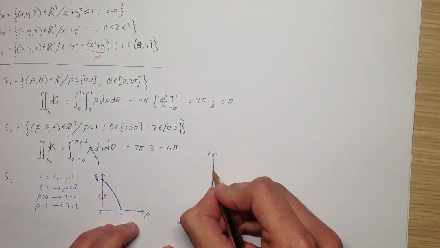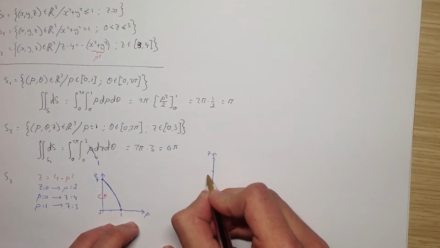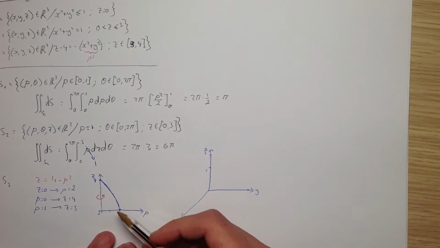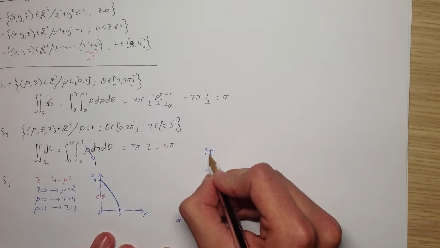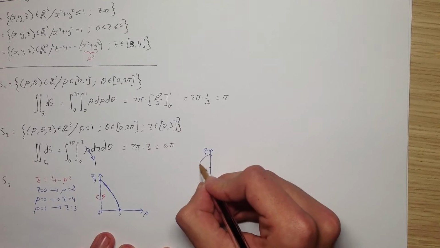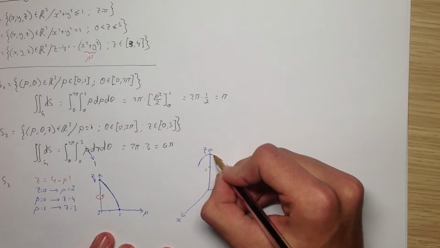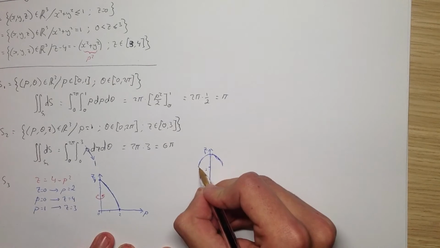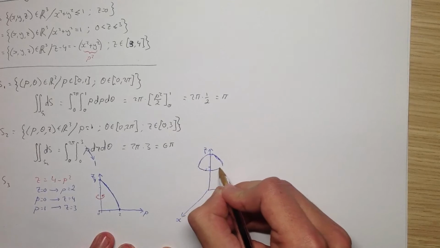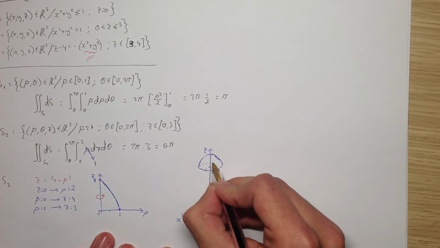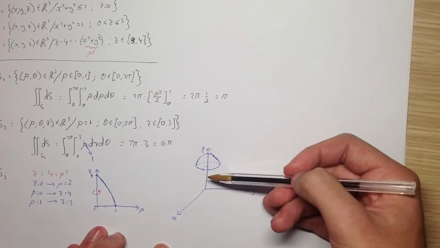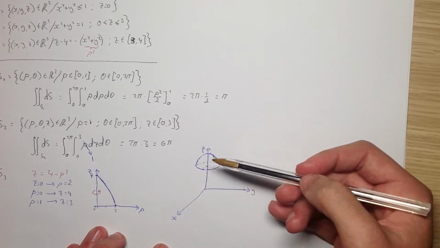So let's say 3 is here and 4 is here. If we revolve this around the Z axis, it will look something like this. Okay, so it will look like a bowl upside down.